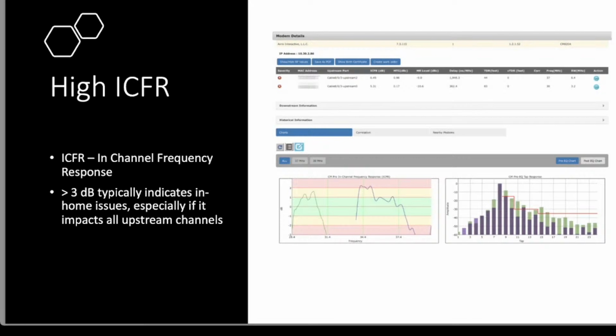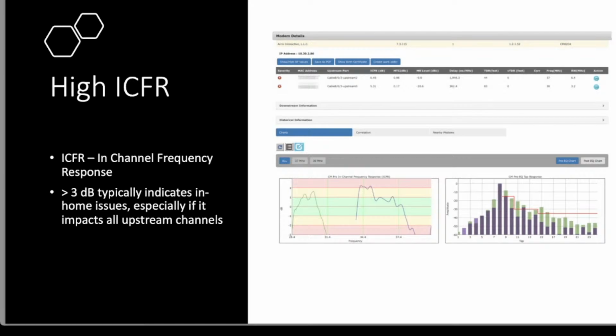On the left-hand side, there's something we call ICFR, in-channel frequency response. I think you called it peak to valley earlier. We also call it peak to valley. You can kind of imagine these two lines on the left-hand side as being the very top of the cable modem haystack. So if we were to zoom in on cable modem haystacks in the upstream, if we looked at a spectrum analyzer and we looked at cable modems transmitting in the upstream using SC QAM, we zoomed in on the very top of those.